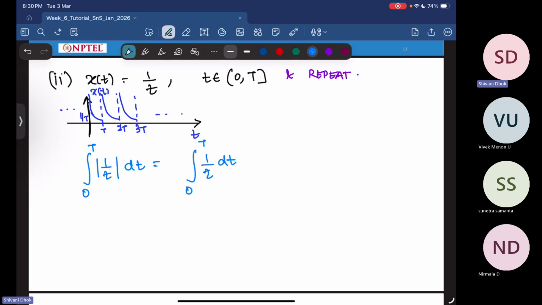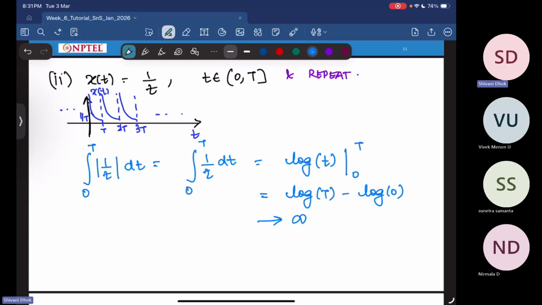Integral of 1 by t is the natural log of t, from 0 to capital T. This becomes log of capital T minus log of 0. So log of 0 is minus infinity, and minus of minus infinity is plus infinity. So this goes to infinity, which means that this particular signal is not absolutely integrable in one period.